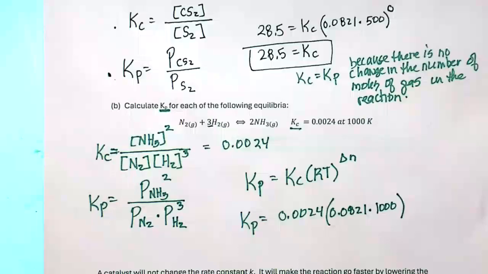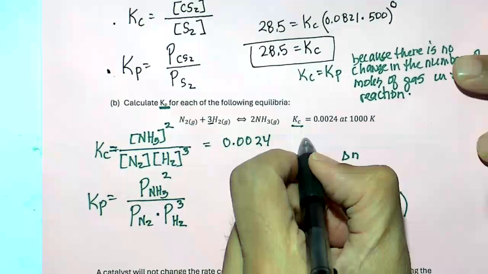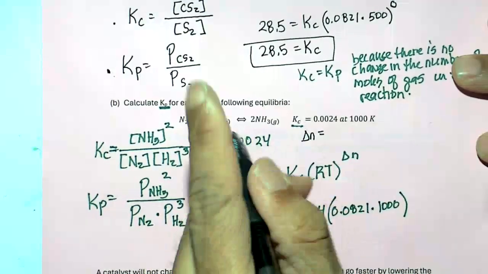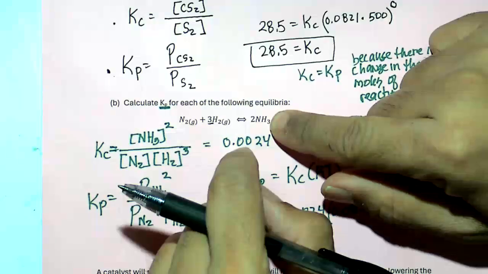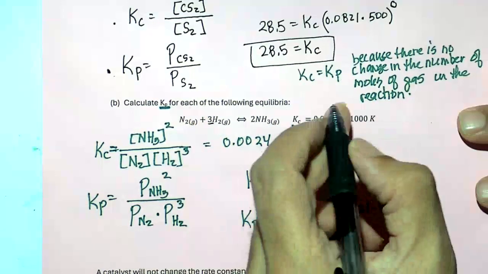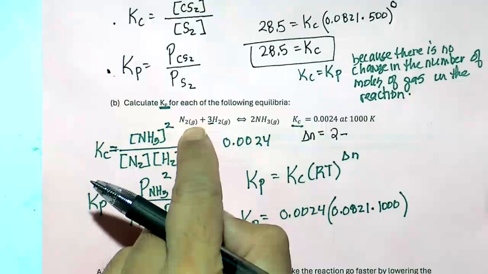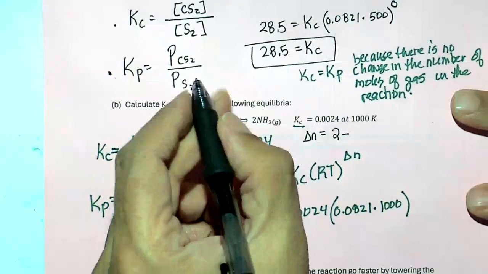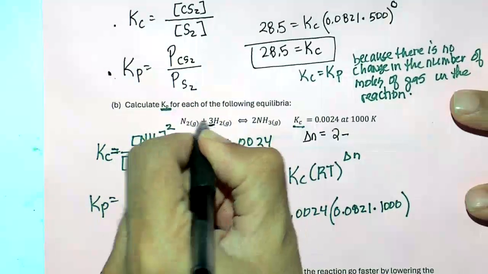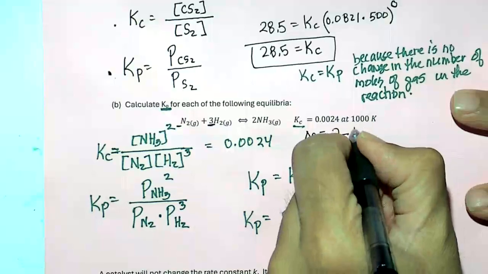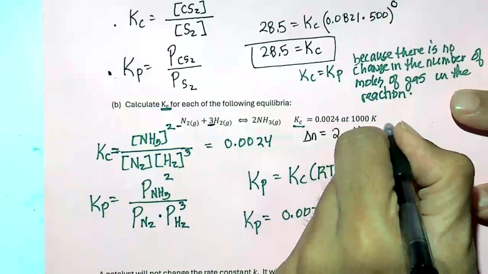What is delta N? How many gases are on the product side? 2. How many gases on the reactant side? 3 plus 1, 4.